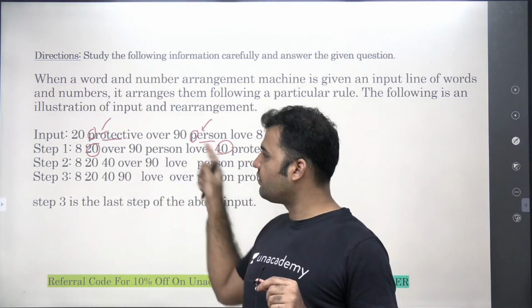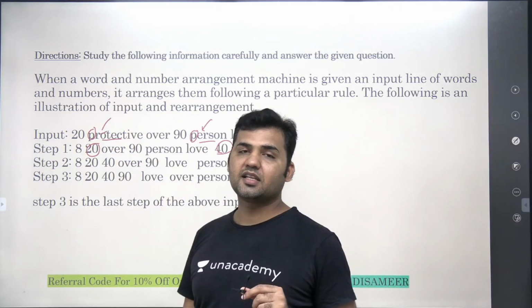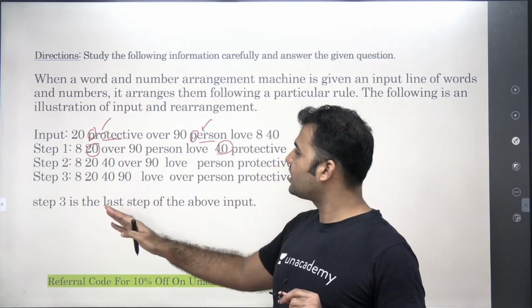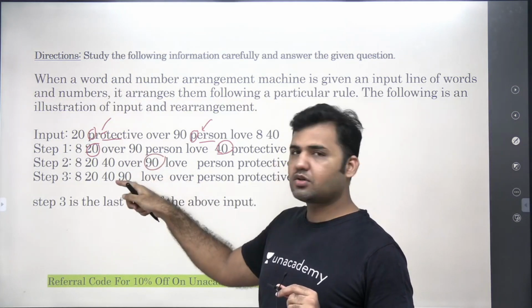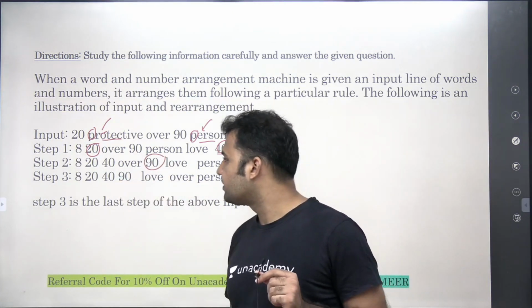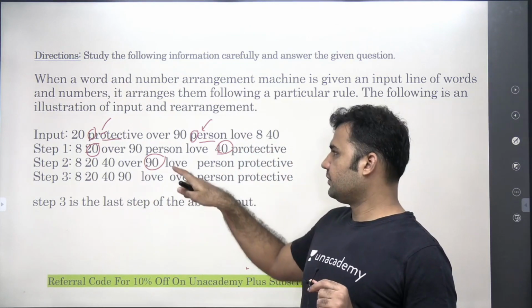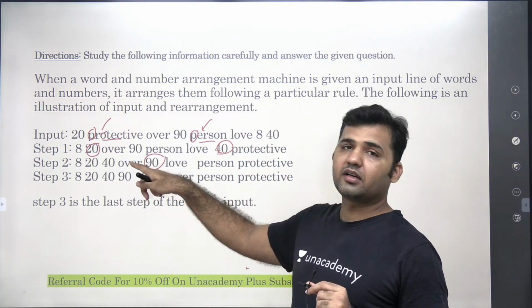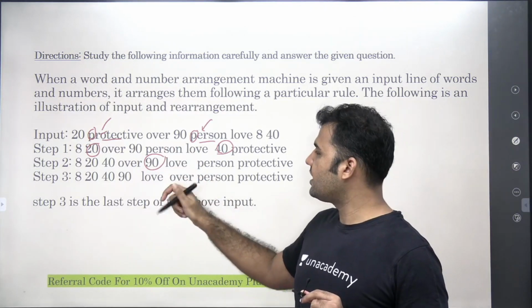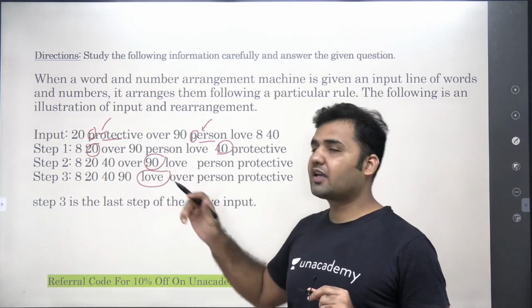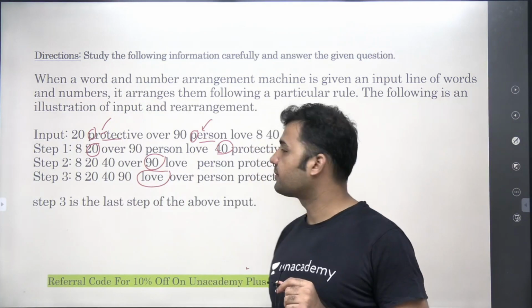So therefore you are taking the 40 on the left hand side in the second step. And finally in the step 3, the largest number 90 has been taken to the left position, and the alphabet over, right, has been taken on the right hand side. And finally the word love came at its own position.